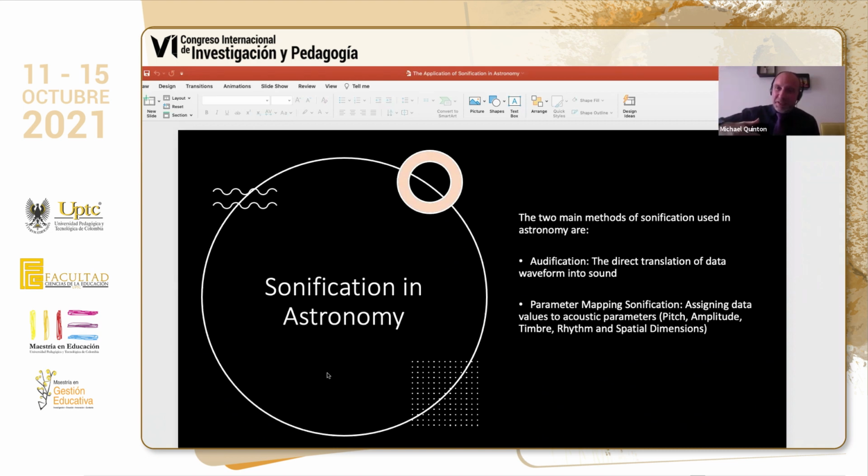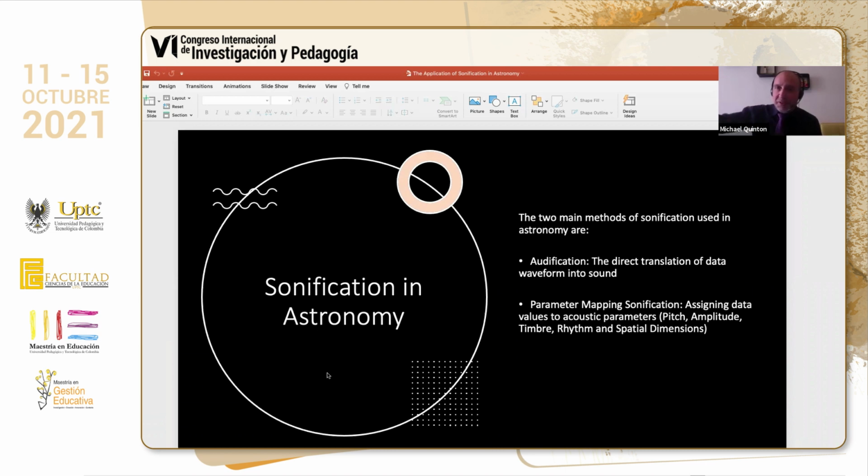And this is where, for example, there's an example of the gravitational waves that were captured recently by LIGO, and that was sonified using audification. Those waves reached the Earth at such a slow speed that you wouldn't be able to hear them if you just grabbed that wave and converted it into sound. So you have to resample it a number of times to bring it within the human hearing range.